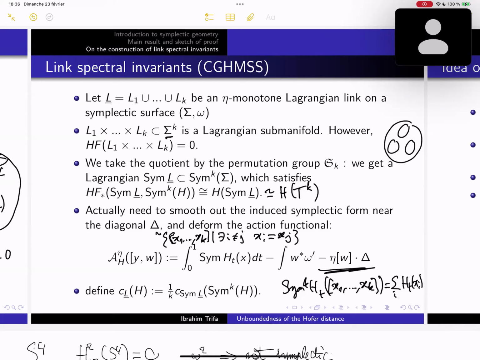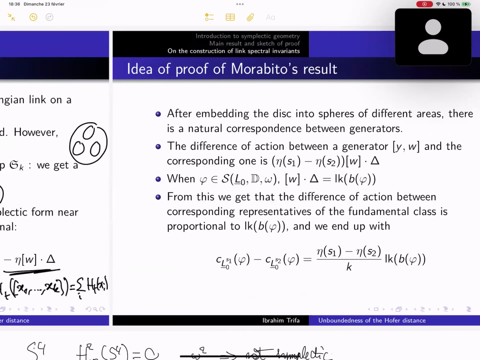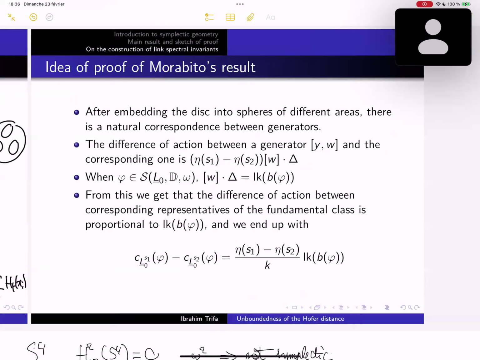Okay, so this is how the spectral invariant was defined. And now with this, I can give you an idea of the proof of Morabito's result, where, if you remember, he showed that the difference of spectral invariants when you embed your link in two different spheres is proportional to the linking number of the braid defined by phi. So how did he prove that?